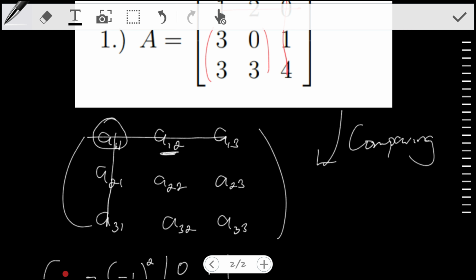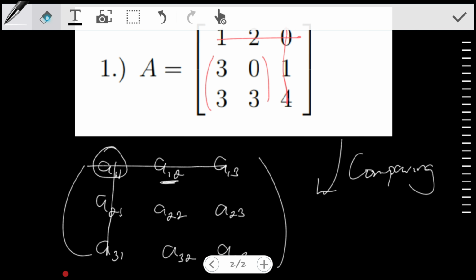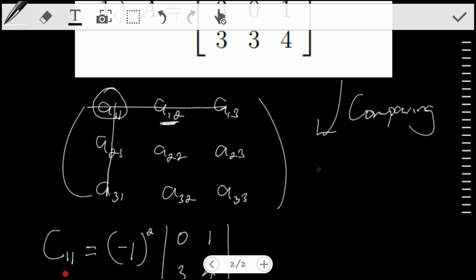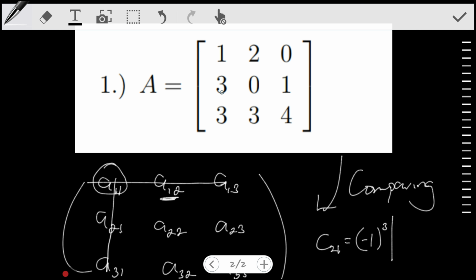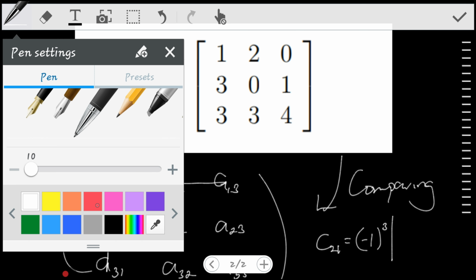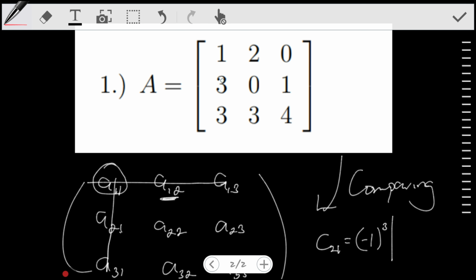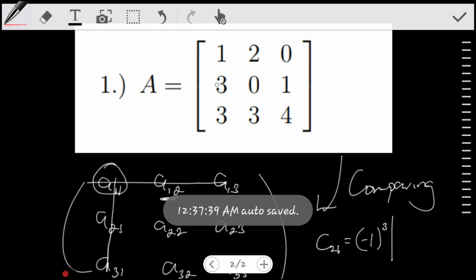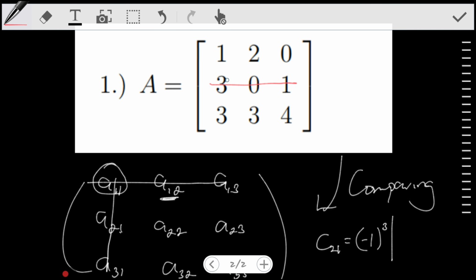Through our comparison, the 3 is in the position of 2,1. So C2,1 will be equal to -1 to power, this will be 3. Let's form now the minor matrix of this. Now remember, we are on this 3, right? So that means that we are eliminating this row, right?